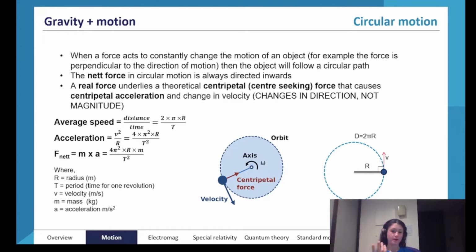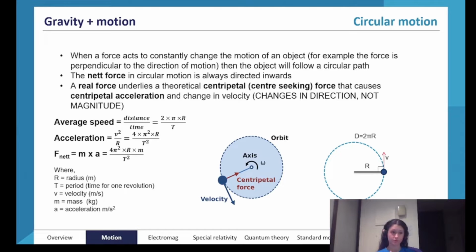Think about a ball on a string that you're whirling around in a circle. The ball itself at every point wants to move away in the exact same direction that it is traveling in at that moment, right?